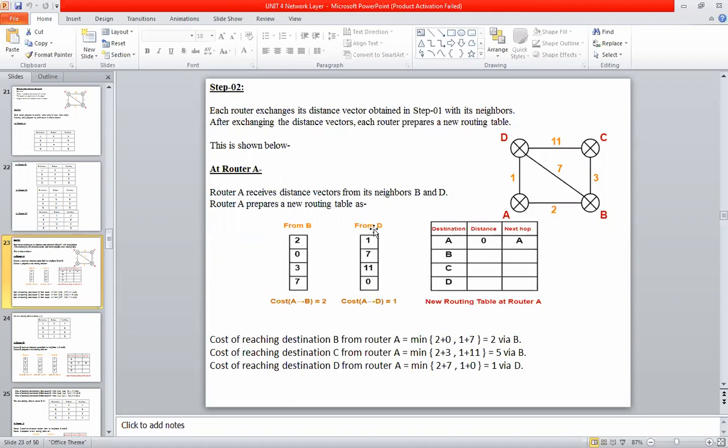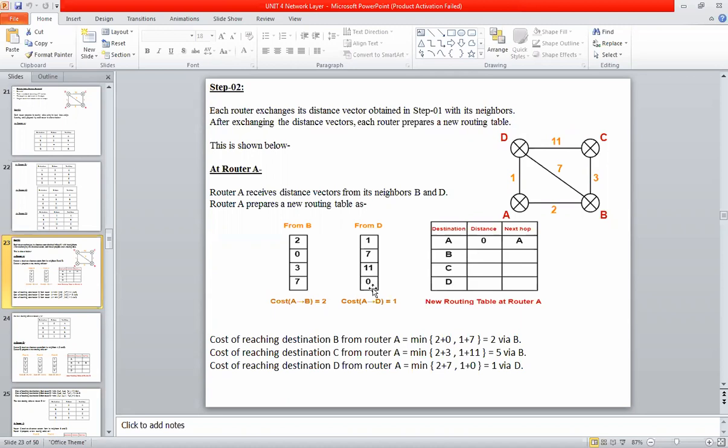From D to B it is 7, and from D to C the weight is 11. From D to D itself, the distance is 0. Like this, we are going to update the particular table.